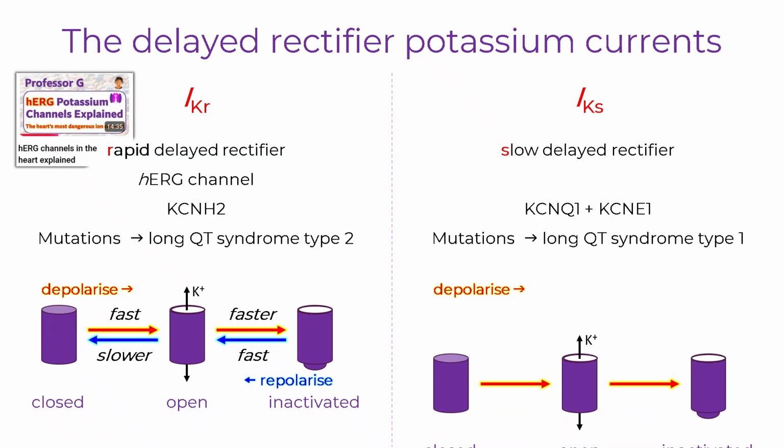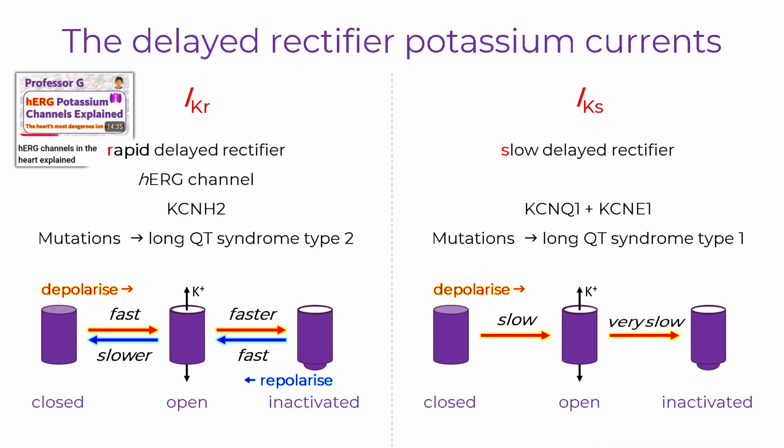IKs activates more slowly and shows little inactivation. Its contribution becomes more important at faster heart rates, when the cell spends proportionally more time depolarized, and during sympathetic stimulation, where it helps shorten the action potential.